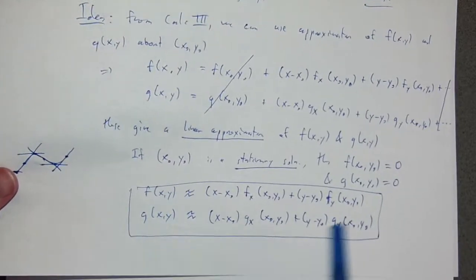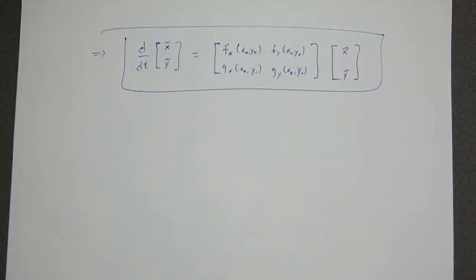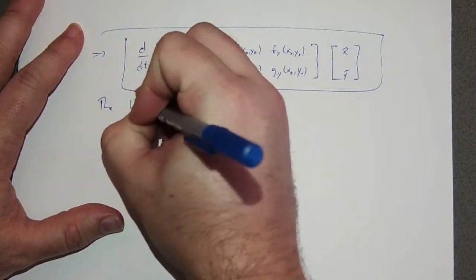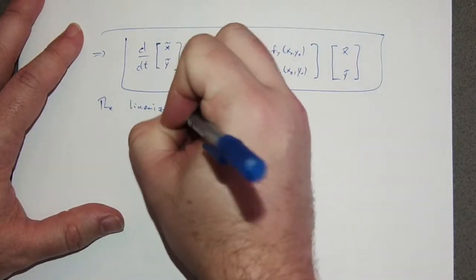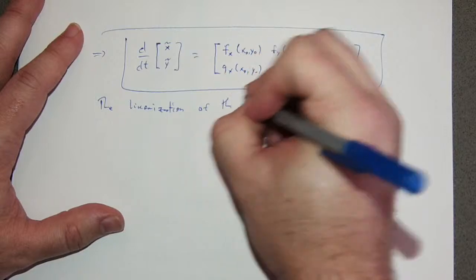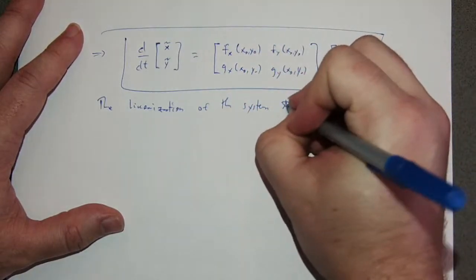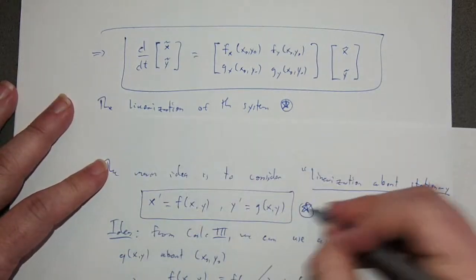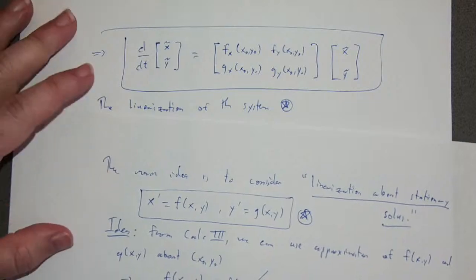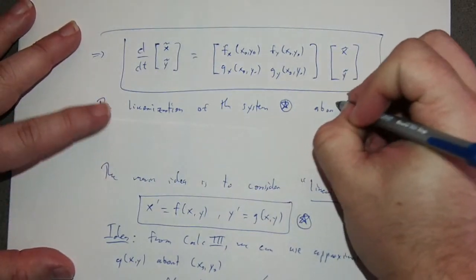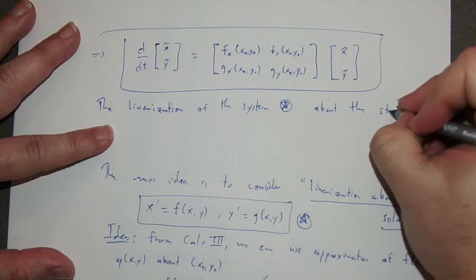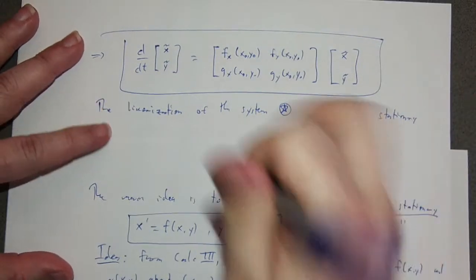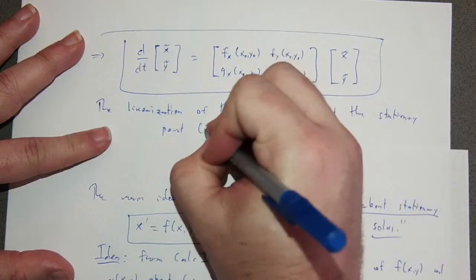Okay, so this leads directly to this. This is called the linearization of the system star, which is this one. So this is the linearization of this system about the stationary point x naught, y naught.